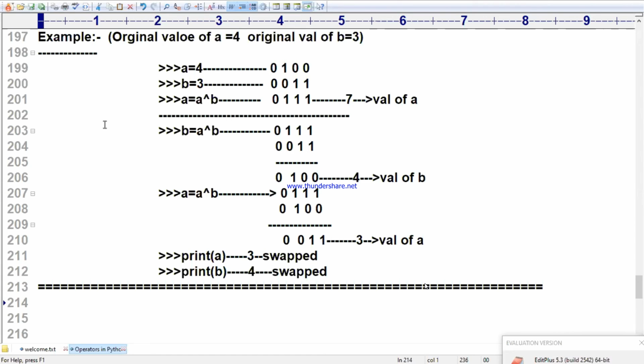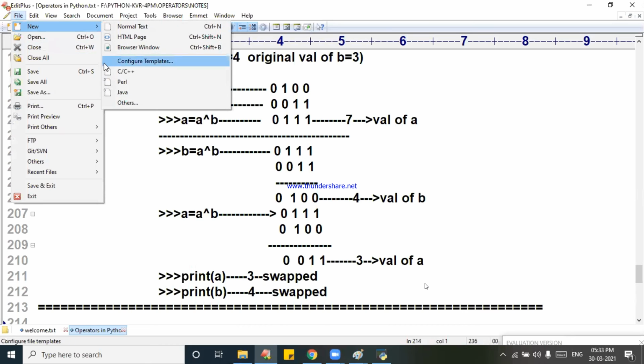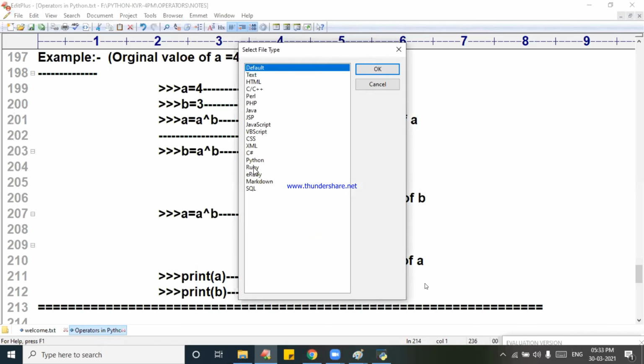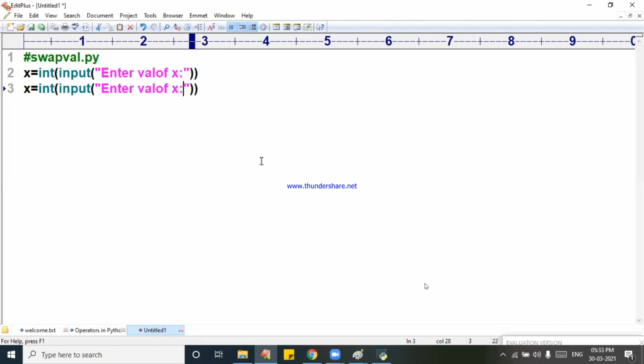Right. Let us go to the Python program now. I am taking swap_value.py. Now I am writing x is equal to int of input, enter value of x. Now enter value of y.